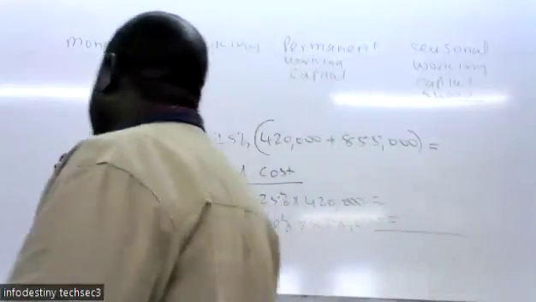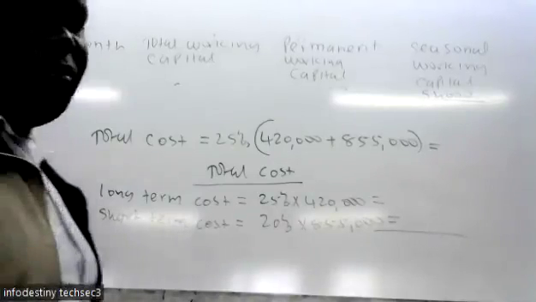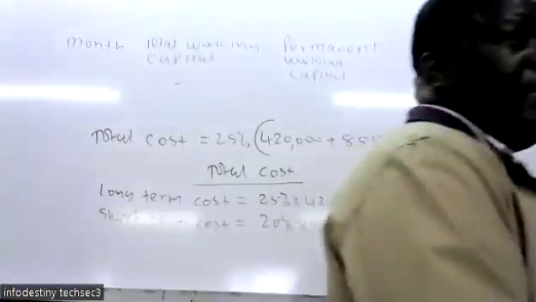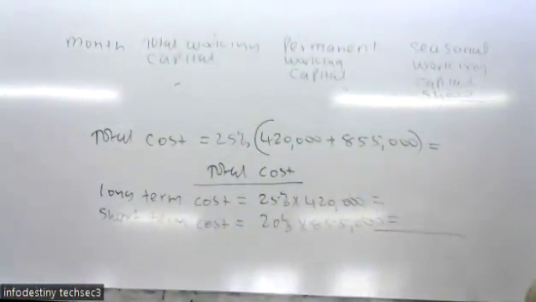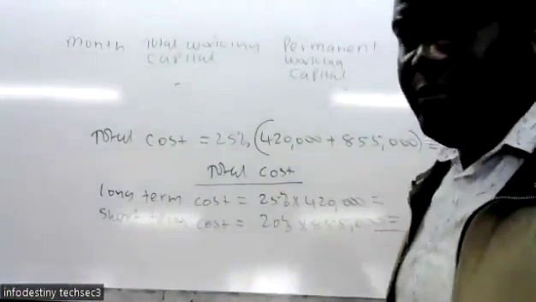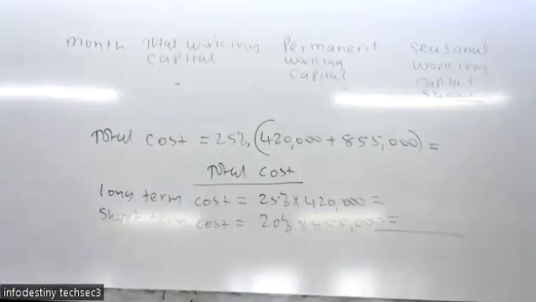Then add them together. That is now when you adopt the matching or moderate financing policy: permanent, use the long term; seasonal, use the short term. Then you add them together. That now will give you the total cost when you use the moderate or matching financing policy.